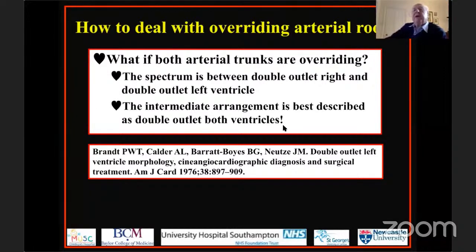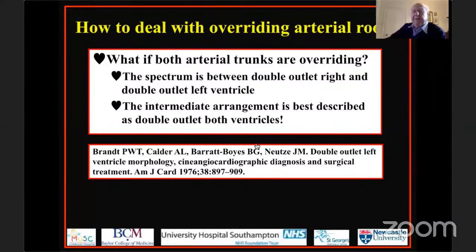Peter Brandt was a radiologist, and he was working with the New Zealand team at that time at Green Lane. Sir Brian Barrett-Boys was the surgeon. Louise Calder, John Noitzi, pediatric cardiologist, an excellent team. And Peter Brandt was a superb radiologist.